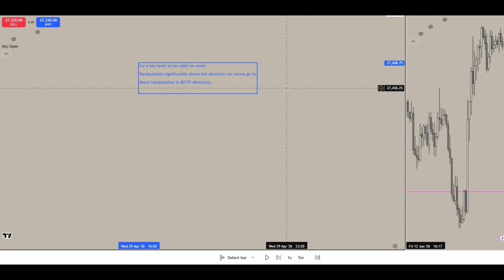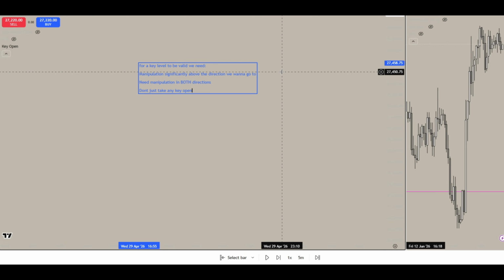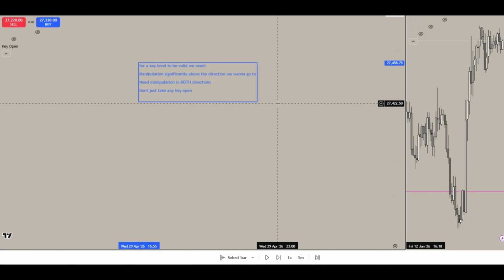So the next thing is really, really important to mention. Don't just take any key open. This is a very discretionary type of trading, and you're going to see key levels get hit 40, 50 times in a session. Don't just take any.